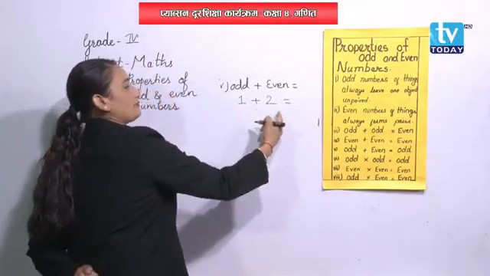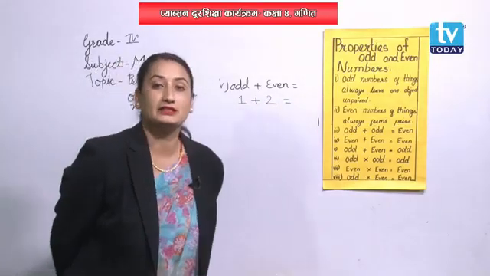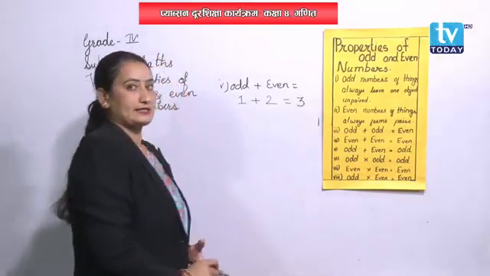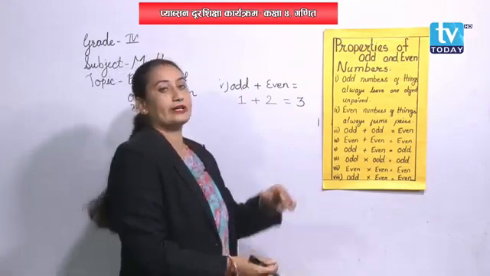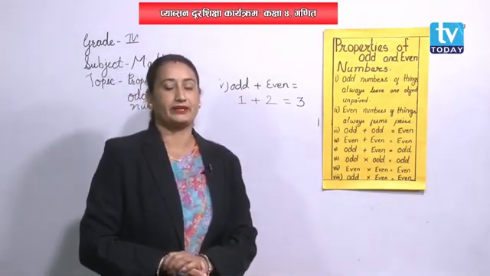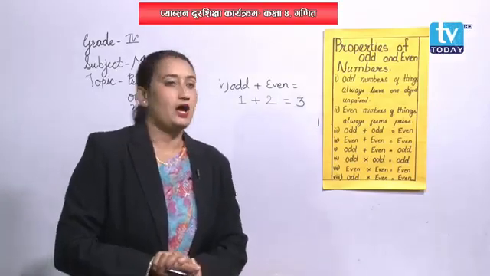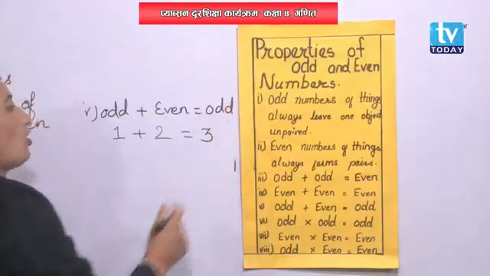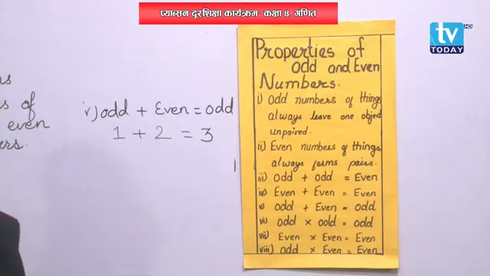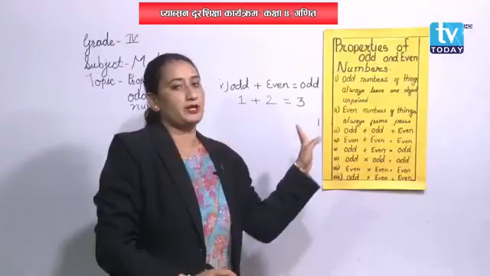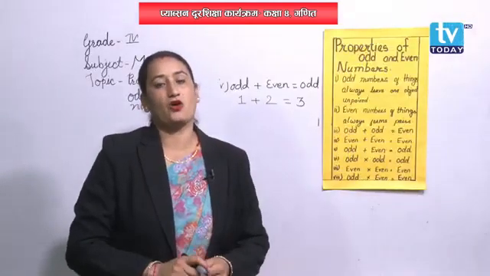If I add 1 plus 2, it will give 3, right? Yes. Now tell me students, is 3 an odd or even number? Yeah, 3 is an odd number. So right here, if we add an odd and an even number, then we get 3, an odd number, right? Odd plus even is odd.